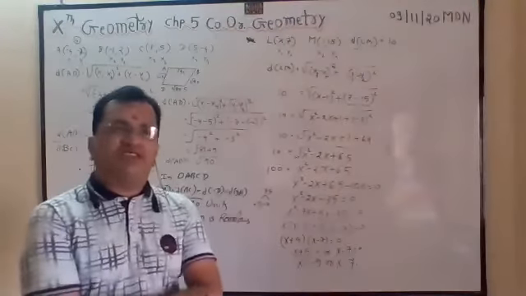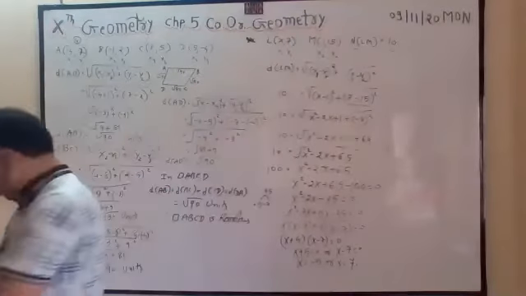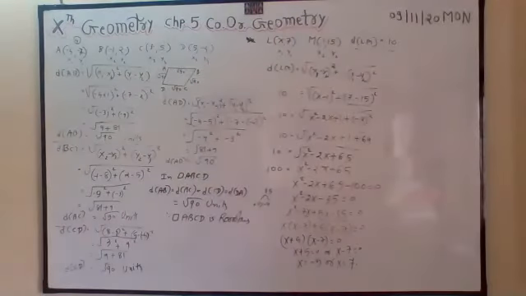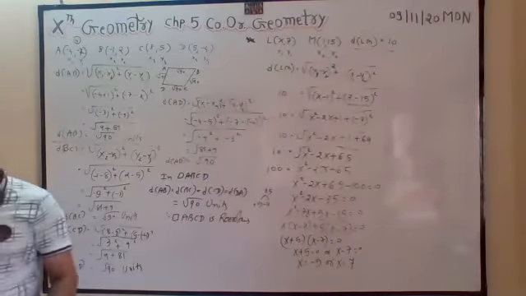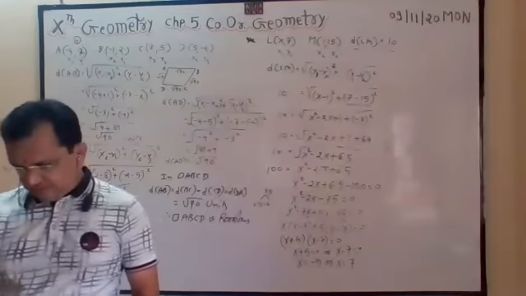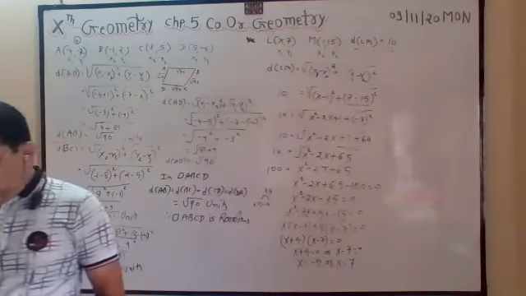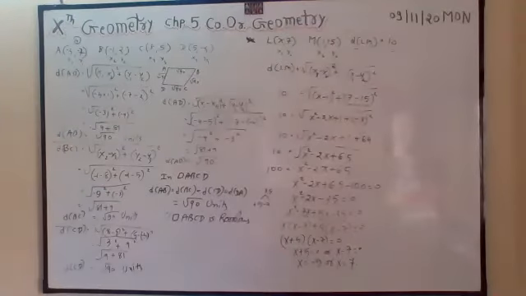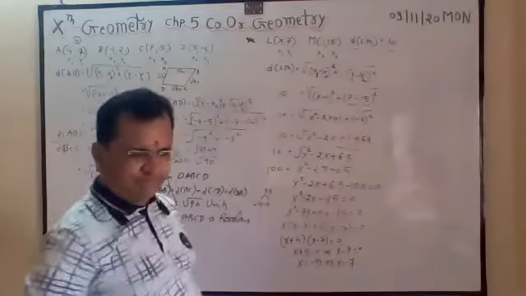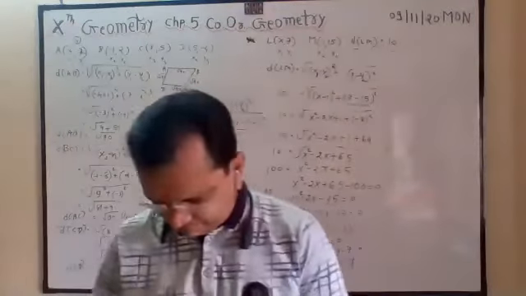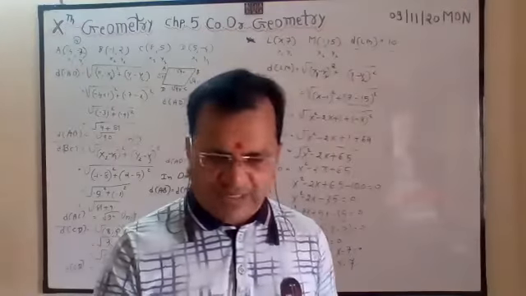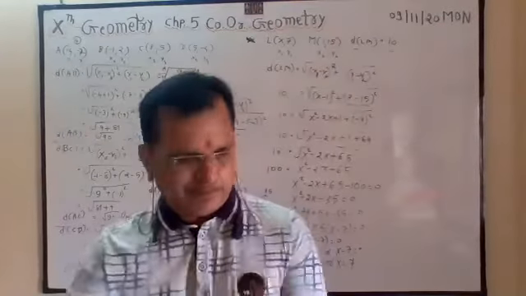Now the equilateral triangle: three points are given, find out the three sides. If you are getting them equal, then it is an equilateral triangle, right?